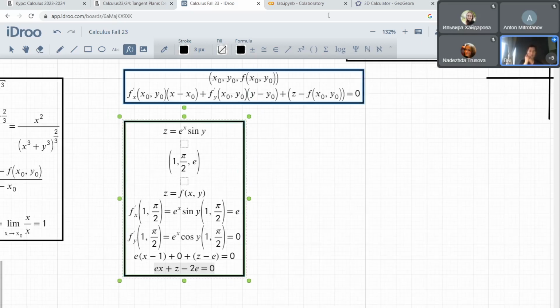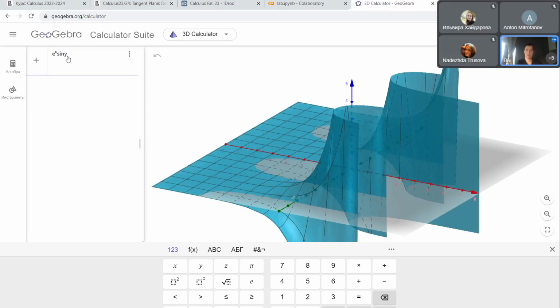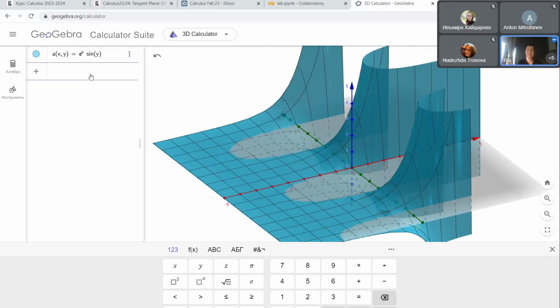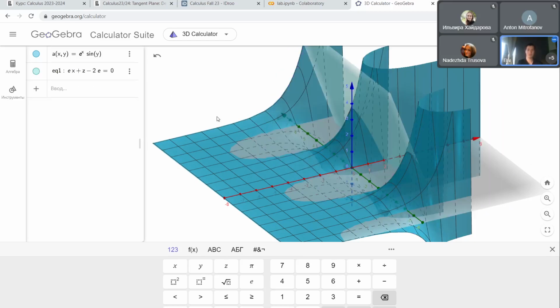Let's check if it works. It's such a beautiful thing. We can now build a formula like e x plus z minus 2e equals 0.